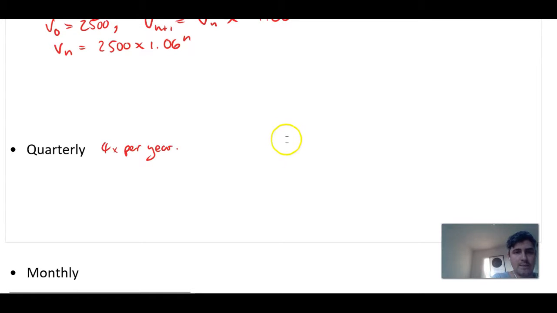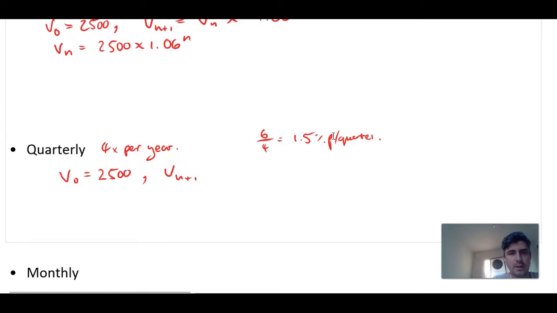And so because of that, instead of 6% per annum, it's actually 6 over 4, which is 1.5% per quarter. The way we can show this in the recurrence relation is with a different multiplier. So V0 is 2,500, and this time Vn+1 equals Vn times 1 plus r over 4 times 100.